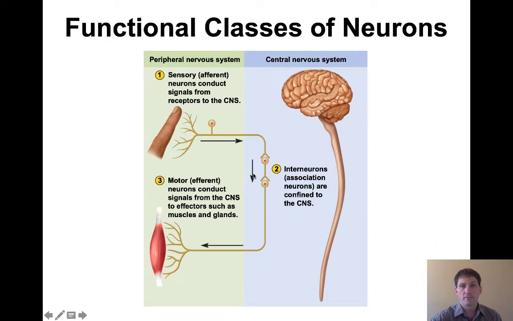We see that there's some kind of connection, a lot of times with interneurons, and then that signal is sent back out through our motor neurons, or our efferent pathway, to have some kind of effect either on our muscles or our glands.